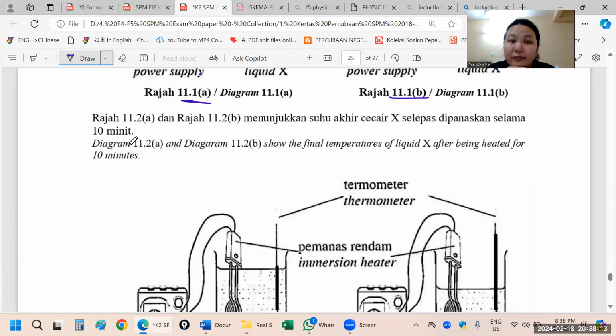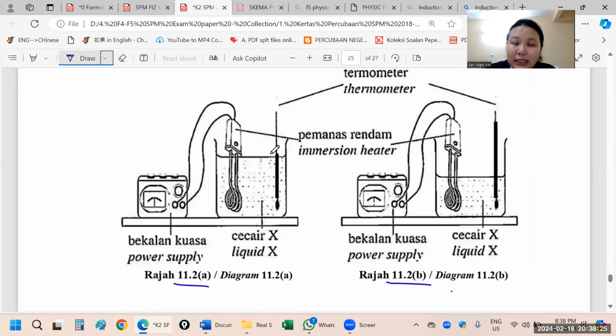Then you can see 11.2A and 11.2B shows final temperature of liquid X after being heated for 10 minutes. Then you can see that this temperature is lower, this temperature is higher, so this is after.